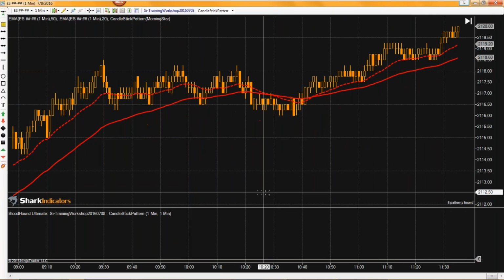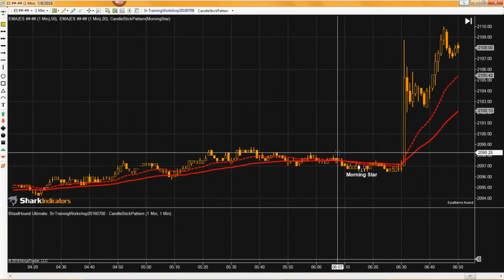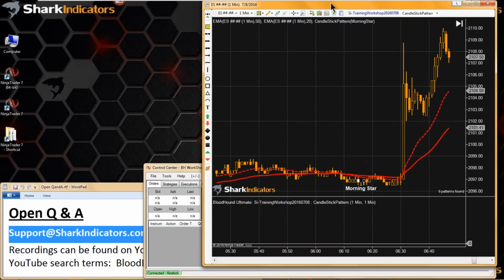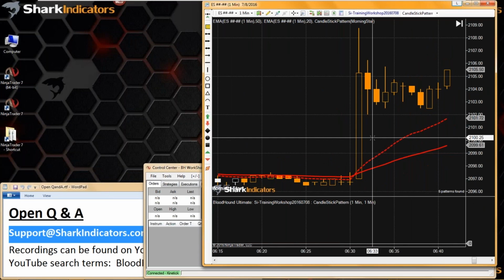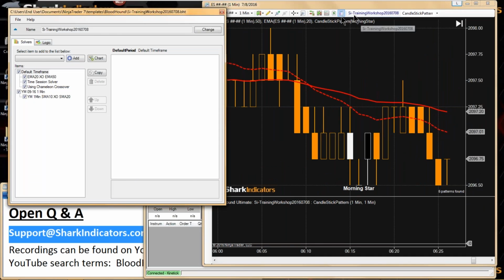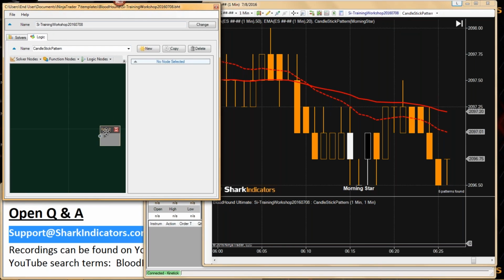Hopefully I can find a morning star. Hey, wow, great. We got one right away. Good deal. So there's our morning star from Ninja's indicator, and that indicator does have an output. So hopefully, Gary, your indicator will have an output as well.